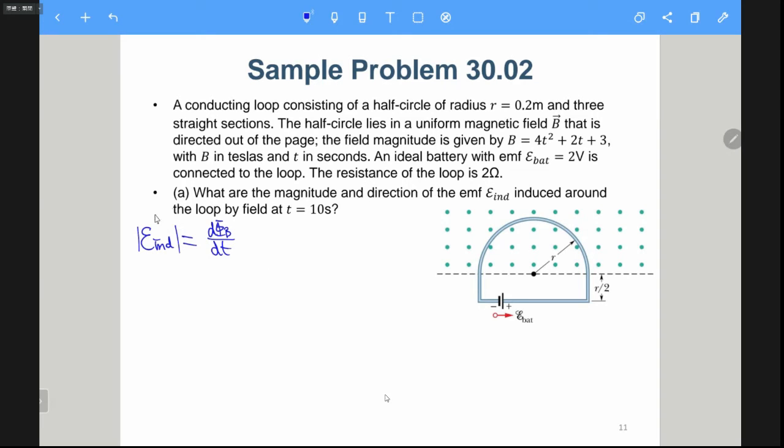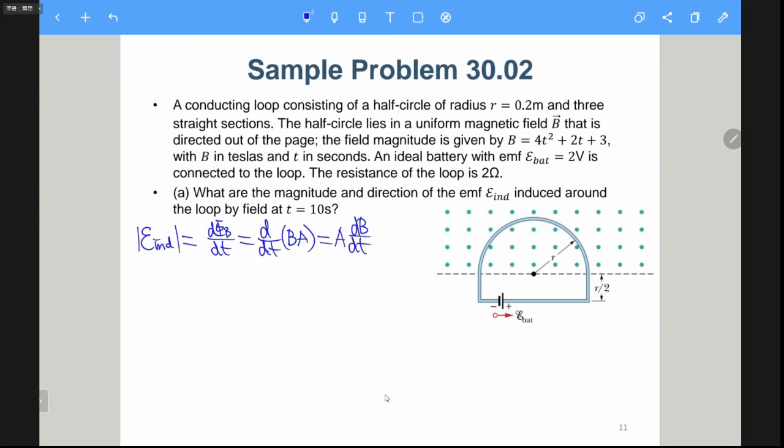So we only consider the magnitude, the absolute value here, to reduce the difficulty. So d phi_B dt, the phi_B is nothing but B times A, because the B is uniform over this region. And A is a constant, so we can just put it outside. So we have A times dB dt.